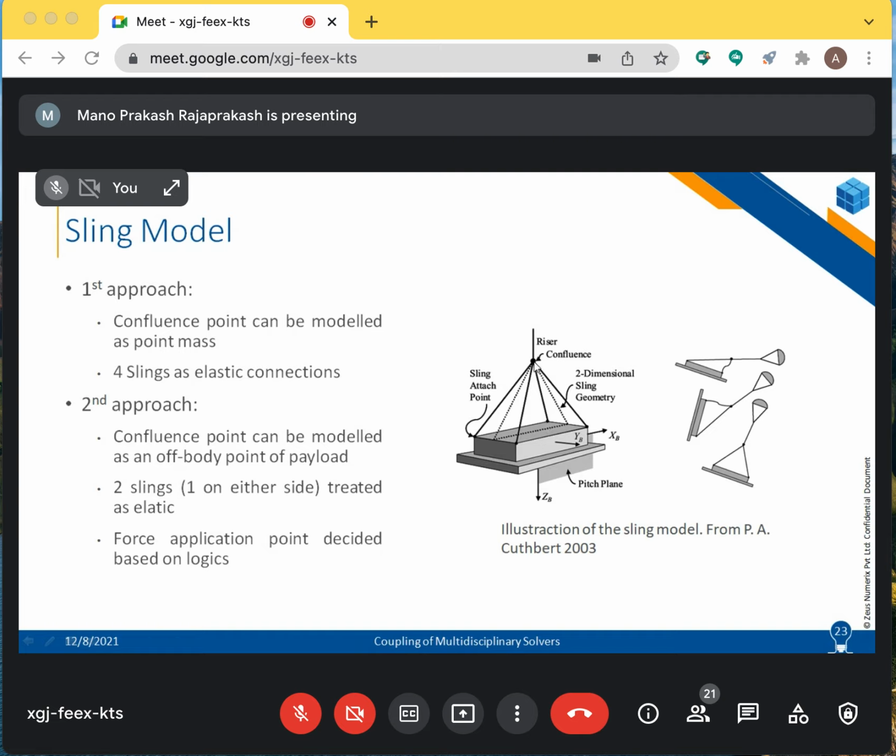Now, there are two ways in which one can model this. The first approach, as you can read, is to model this point as an off-body point of this assembly.